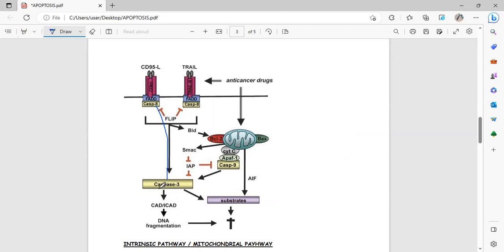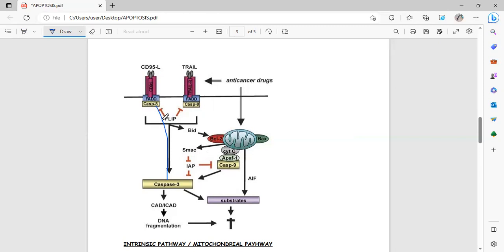In other terms, this caspase 3 will degrade the DNA and other substances in the cell, leading to cell death, okay? But again, we said that this particular caspase 8 can also act via the intrinsic pathway by activating an important member of the BCL2 family called BID, okay? When we activate BID, it will lead to another pathway that will lead to apoptosis. But I don't want to tackle this pathway because it is what we are going to talk about in a few minutes, okay?